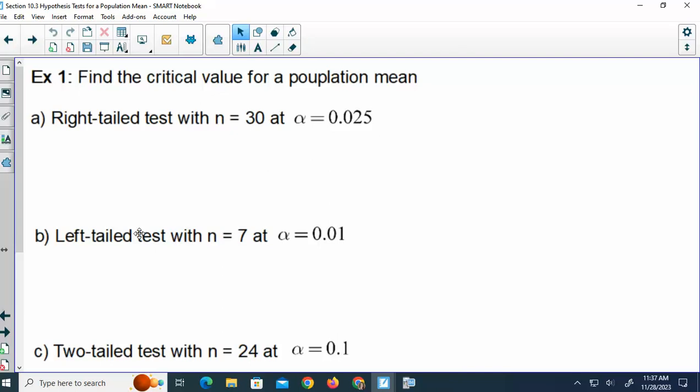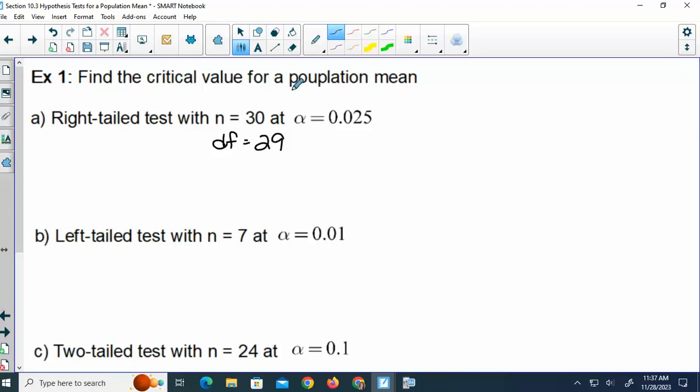And to do it, we have to know the alpha level, which is the number across the top, and the degrees of freedom, which is the side. How did we get degrees of freedom? So this one would have 29 degrees of freedom.